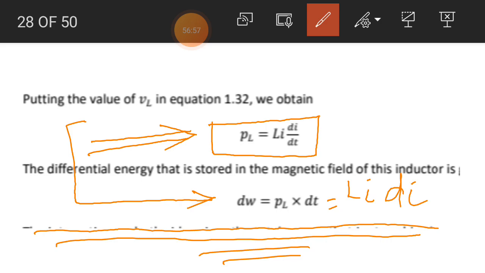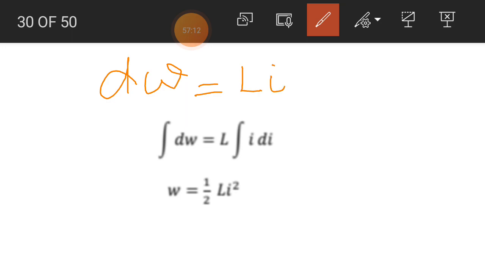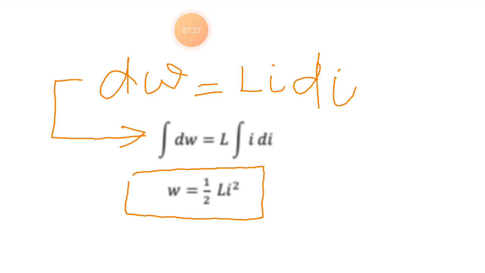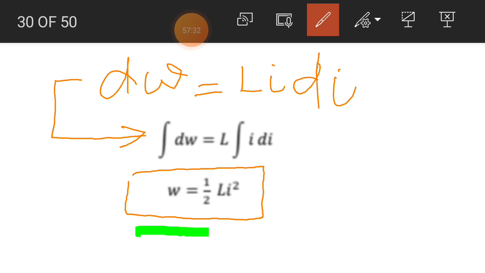We are interested in the total energy. As dW is the differential energy, and this differential energy is equal to L i into di, we integrate both sides of this equation. The integration of both sides gives you the total energy which is taken by the inductor from the voltage source.